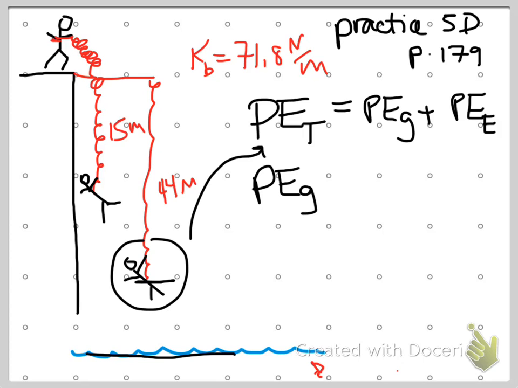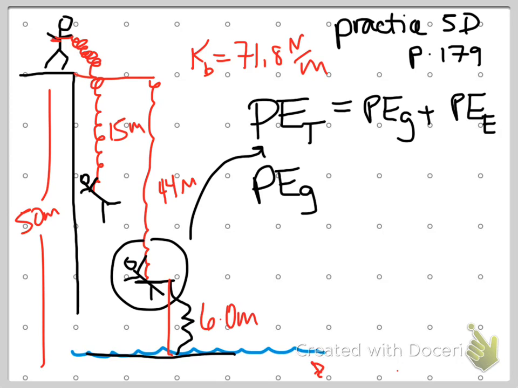So what is the distance here? Well, we said this was 50 meters. And we said this was 44 meters, so there's 6 meters between where this stunt person stops and the surface of the water. So we know that PEG is equal to mass, gravity, height.